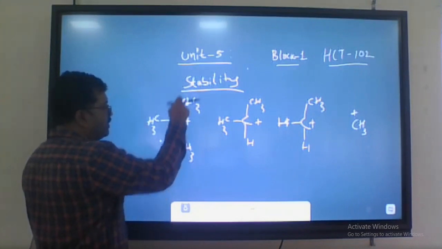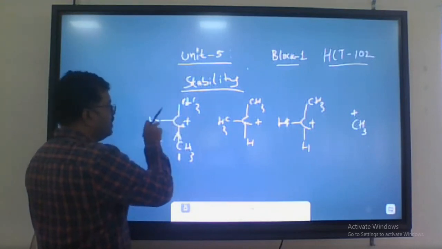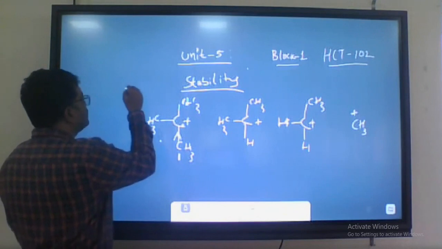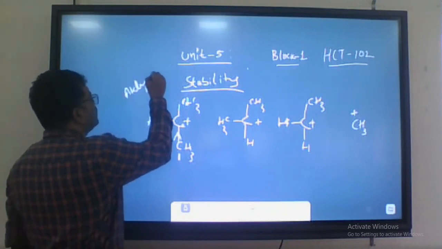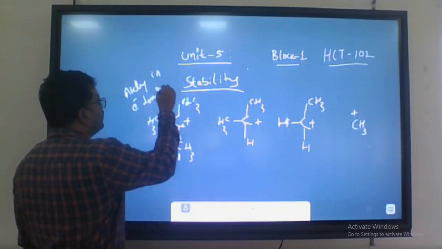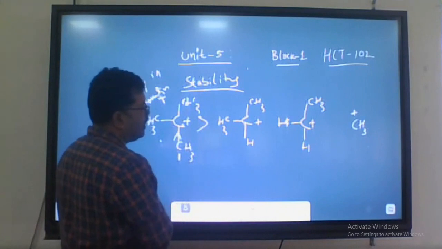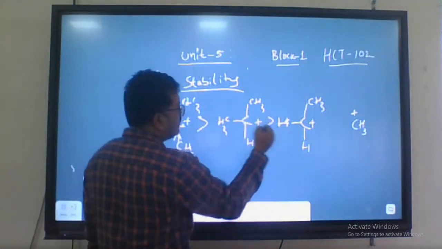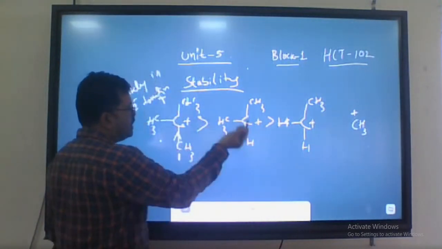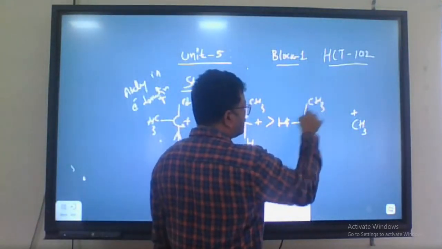It needs electrons. An electron-pushing substituent stabilizes the carbocation. So alkyl is an electron donating group. Here 3 donating groups are there, that's why it is more stable. Here only 2. Here only 1 carbon, CH3 is pushing toward this carbon.